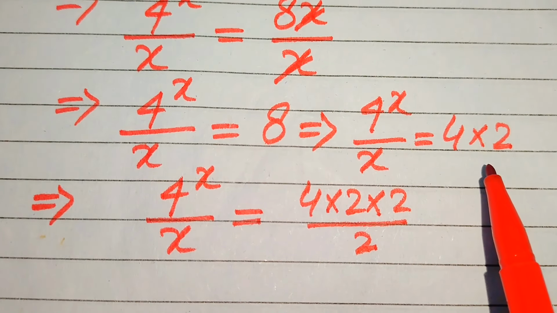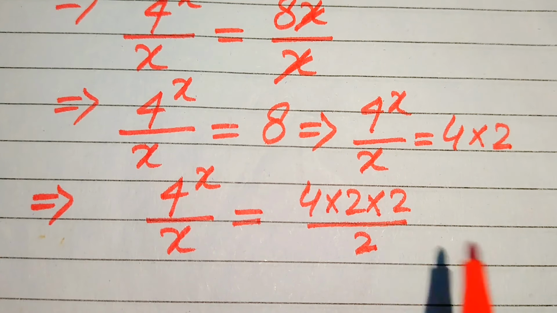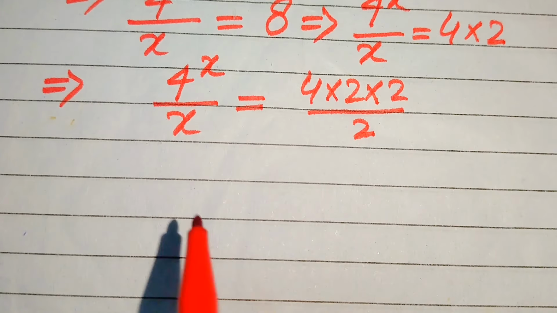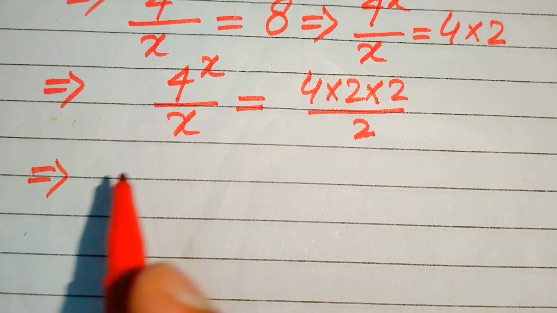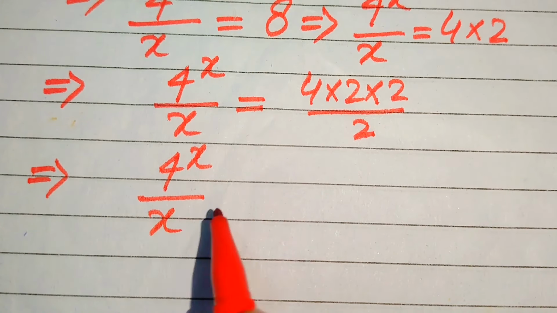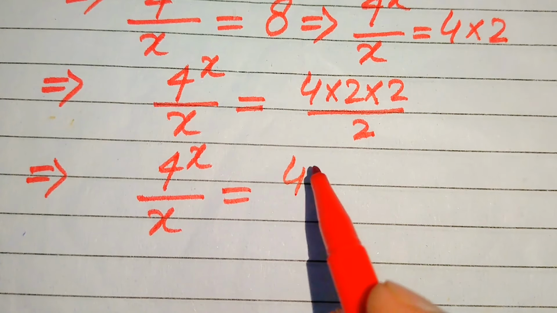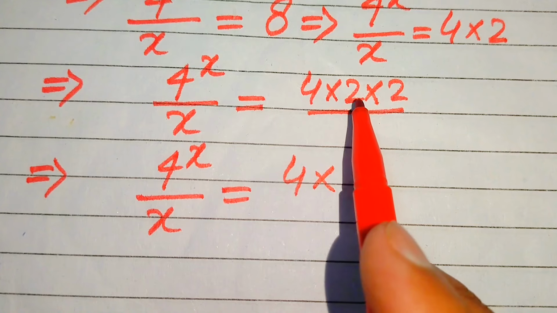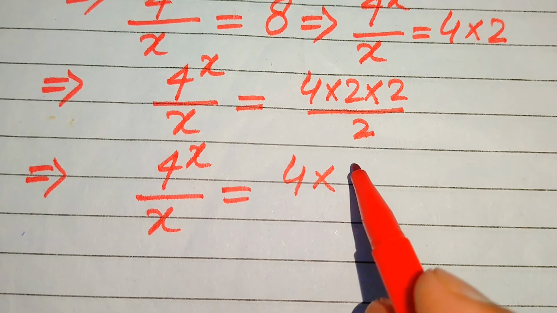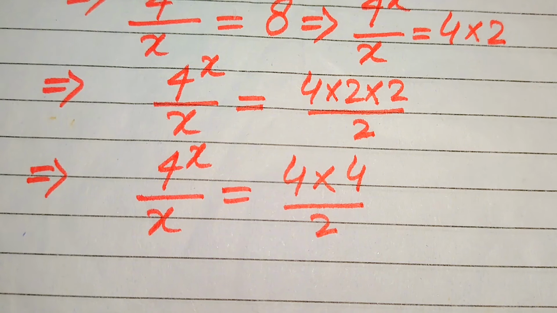So we have 4 to the power of x divided by x is equal to 4 multiplied by 2 times 2, which is 4, divided by 2.